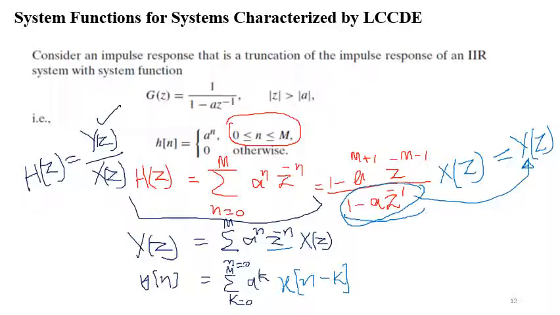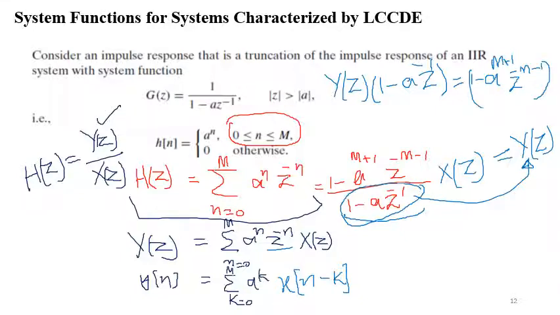So I can write that Y of z into 1 minus a z inverse is equal to, or let me write this, 1 minus a to the power M plus 1 into z to the power minus M minus 1 multiplied by X of z.